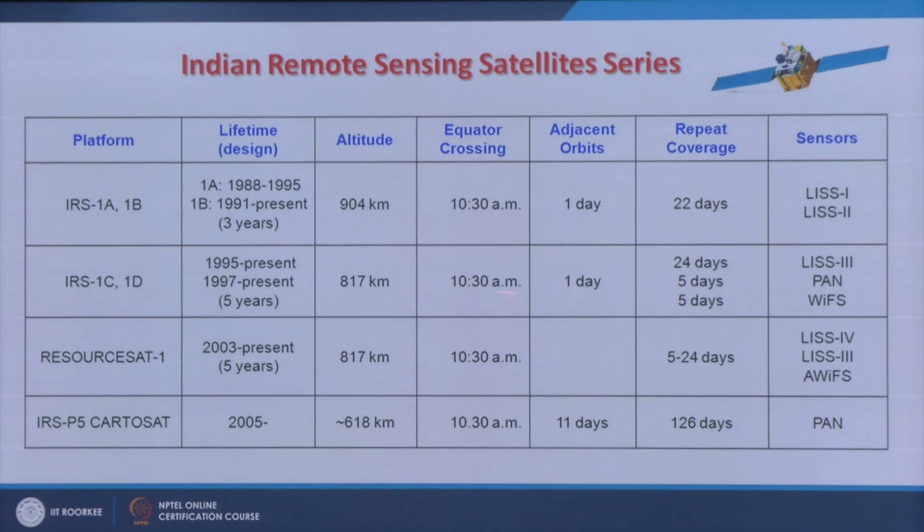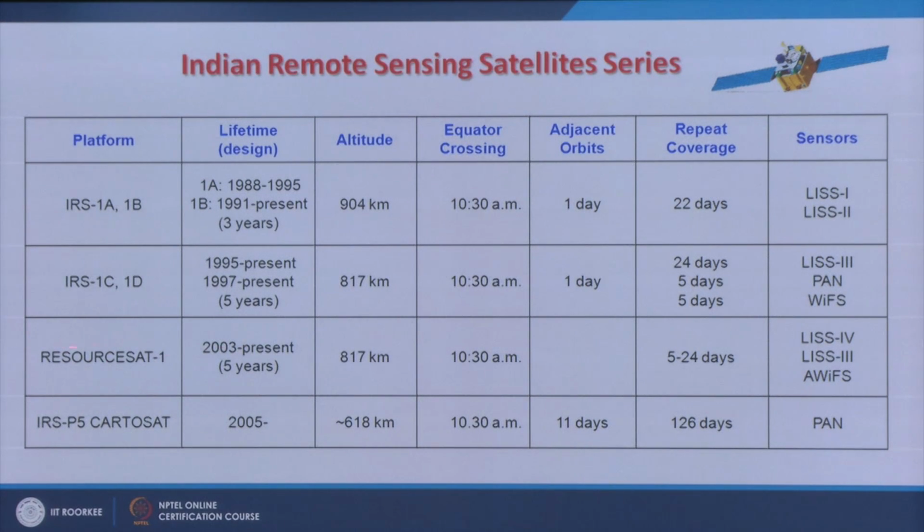Because once you are in tandem, the temporal resolution improved to about 12 days, and it has one more extra sensor. So LISS 3 we had, instead of having LISS 1 and LISS 2, we had LISS 3, the panchromatic sensor and the wide field of view sensor, that is the WiFS.